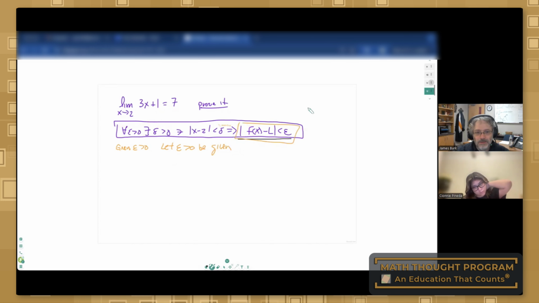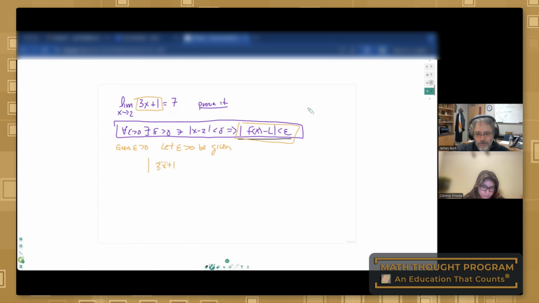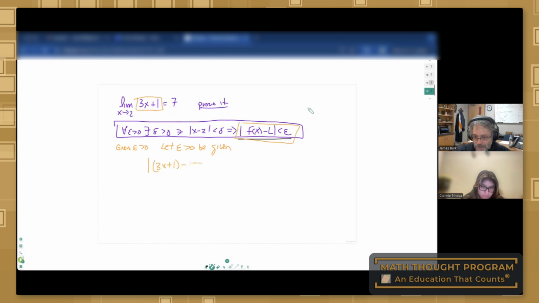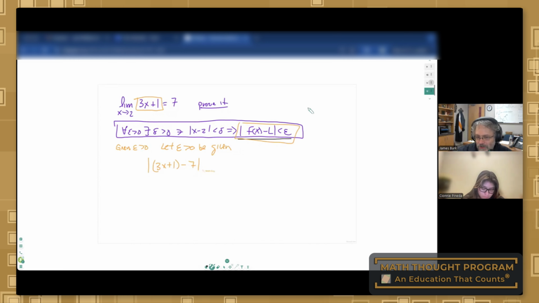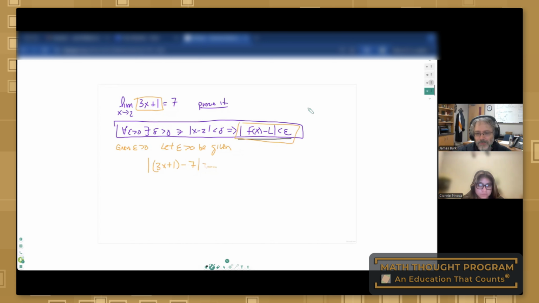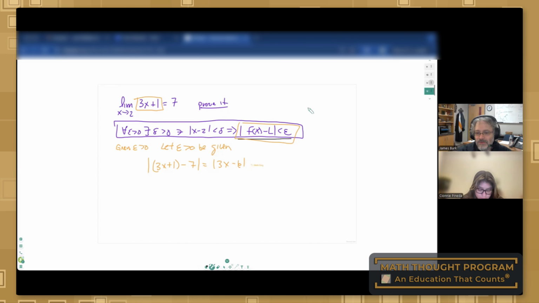So look right here. Here's your function. You're going to say the absolute value of f of x minus the limit. And if you were to just tinker around with this a little bit, what you would see is you would have 3x plus 1 minus 7, so minus 6. Factor out the 3.